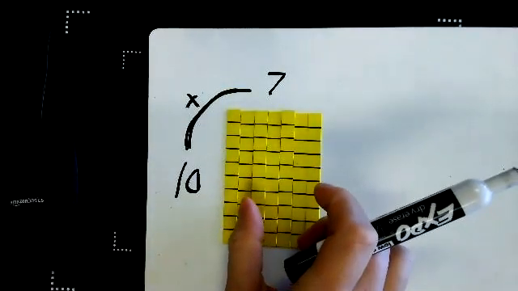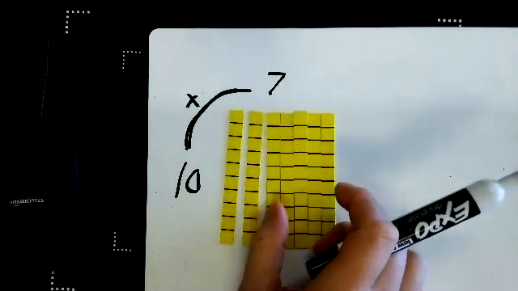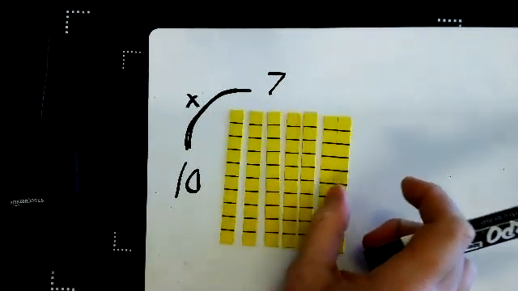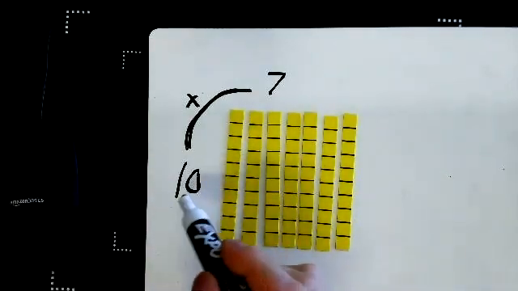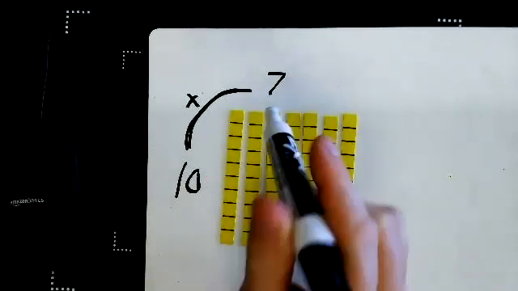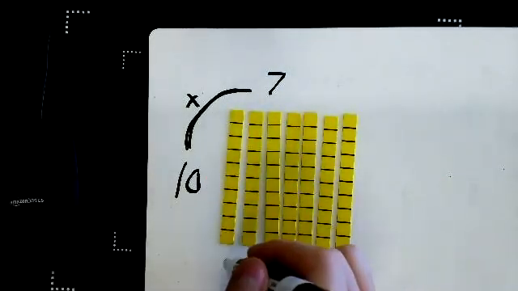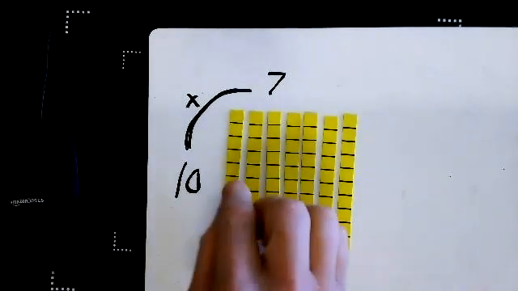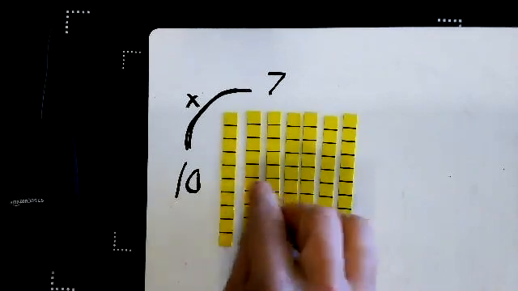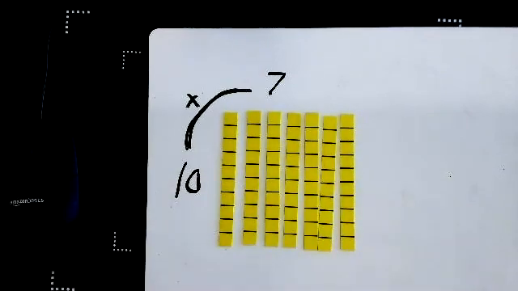If you don't, we can break this up into pieces and know that we have 7 strips, because we said this is 10, so this is our strip, and right here it's saying we have 7 across, and if we break them up, we now have 7 strips. So if you are not sure how to do this, you can always break it apart and do something that you guys are all great at and count by tens.